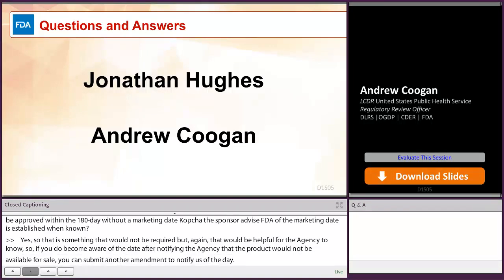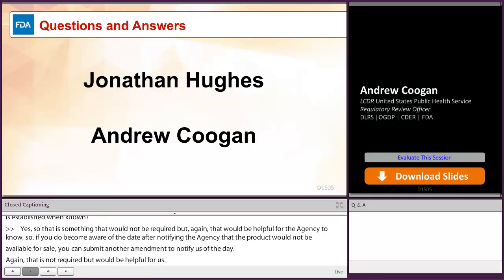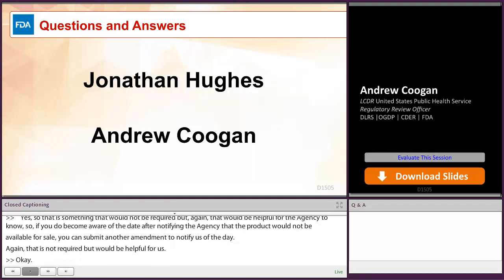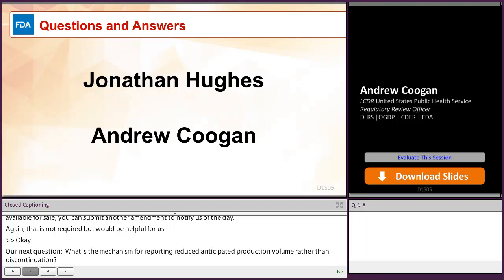Okay. Our next question is, what is the mechanism for reporting reduced anticipated production volumes rather than discontinuation? So for this, I don't have a specific answer, but there is a guidance document related to Section 506C, notifying FDA of permanent discontinuation or interruption of manufacturing.